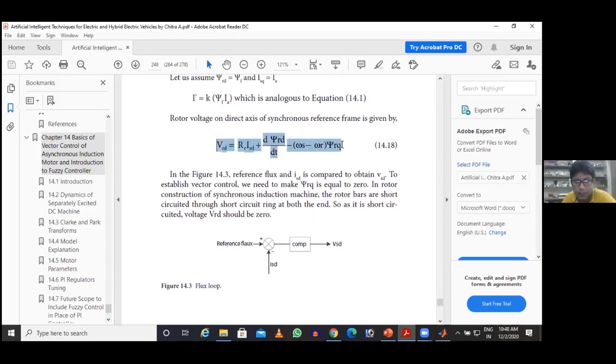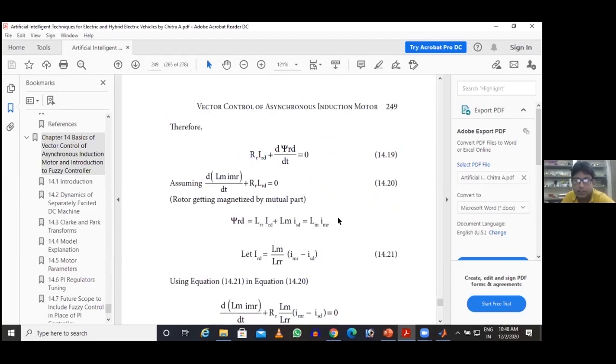So now this is the rotor direct axis voltage equation, as for the stator. This is due to resistance, and this is the change of flux. And in this part, omega s minus omega r, I have told why, because this is the relative speed, and due to that relative speed only the flux will get cut and produce voltage. So that's why it is given as synchronous speed minus the rotor mechanical speed.